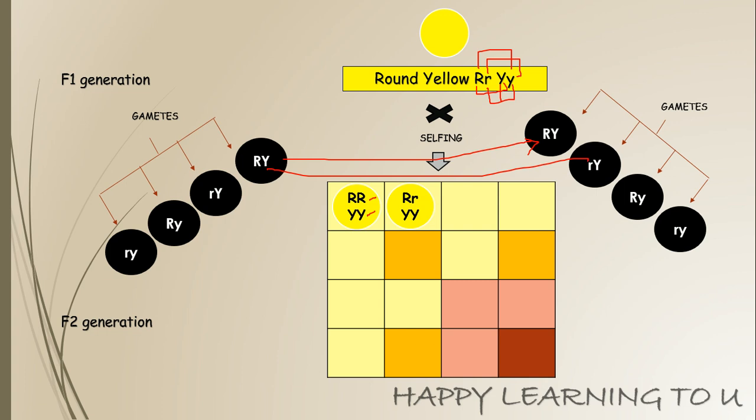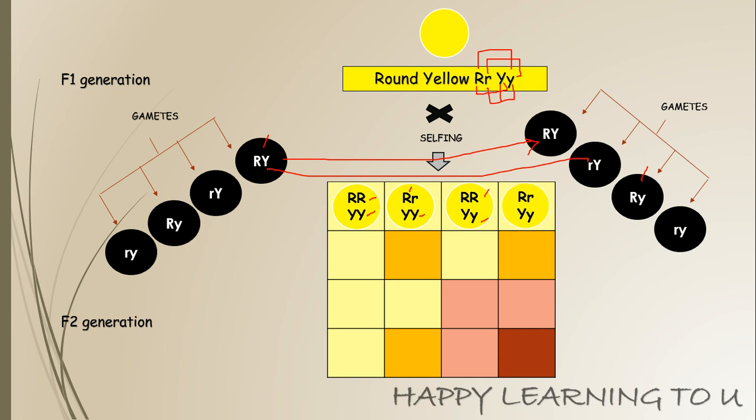So what you have is capital R, small r, capital Y, capital Y. So again here you have round and Y, so it is round yellow. Next, this one with this one. So what you have is both capital R and capital Y, small y. Again round yellow.